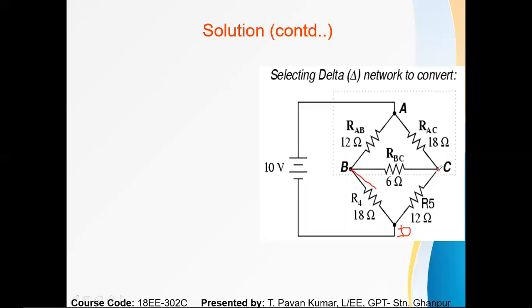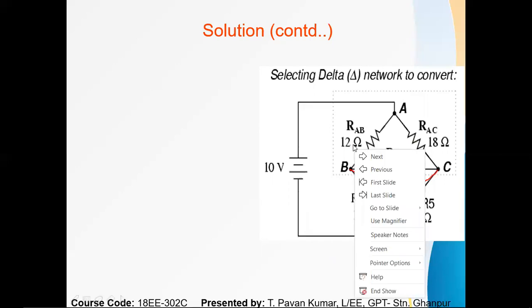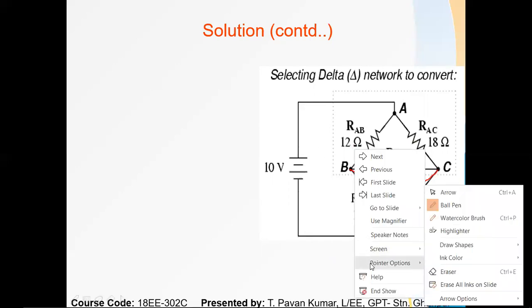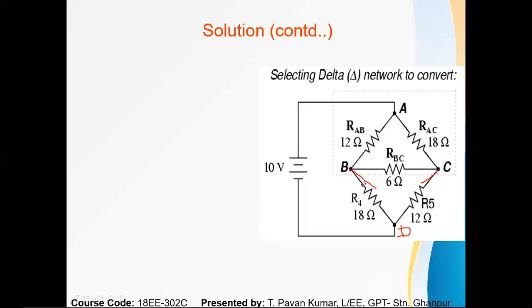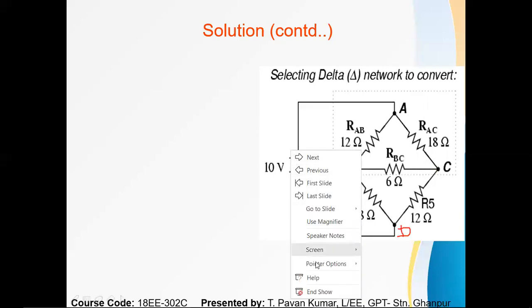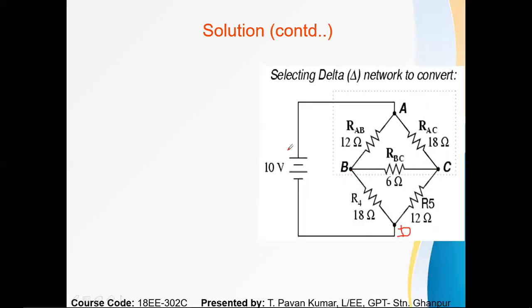It will give wrong answers. Select the delta ABC, then it will frame like delta to star.